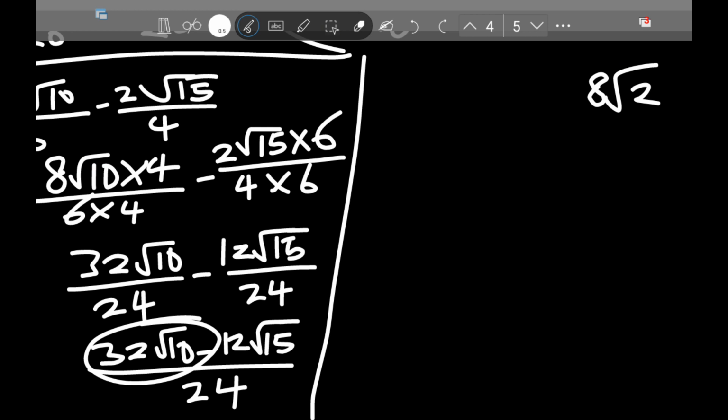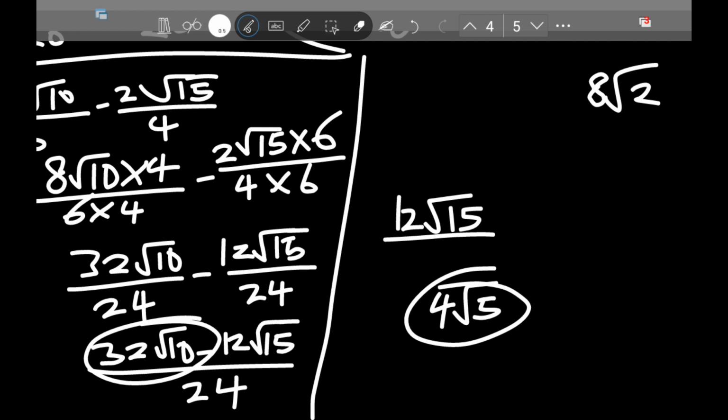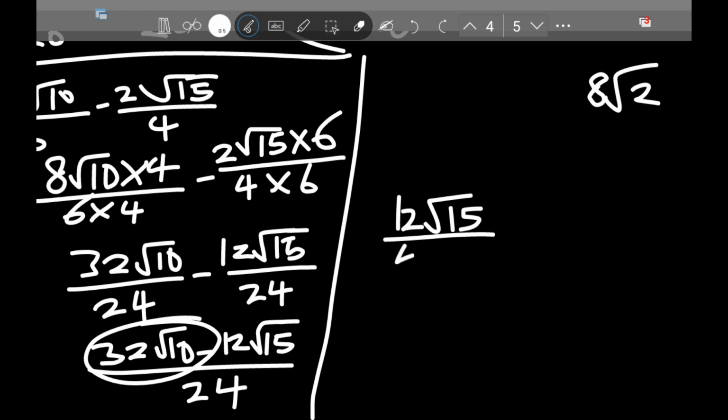Now going back to the second expression, 12 root 15, we want to divide it by the factor. Now can you remember the factor? The factor is 4 root 5. So this is the factor now. Now divide what is here by 4 root 5, or you set it as a fraction. Maybe I should just clean it and write it closer to it, 4 root 5.